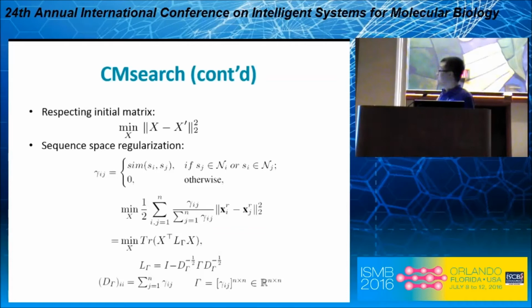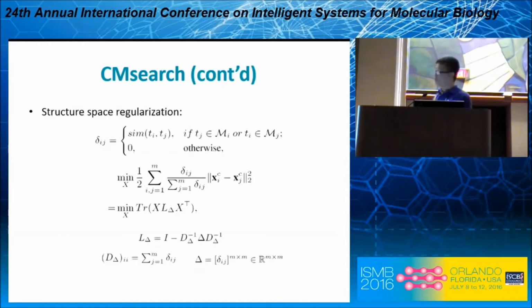So for that, I put a weighted quadratic loss term here to penalize that. And you can show that this is actually the graph Laplacian of the protein sequence space. And similarly, if I have a structure similarity matrix to define the structure space, then if two structures Ti and Tj are similar to each other, then I would say that their corresponding mapping vectors to the sequence space should also be similar to each other. Otherwise, I penalize that. So this turns out to be the graph Laplacian of the structure space.